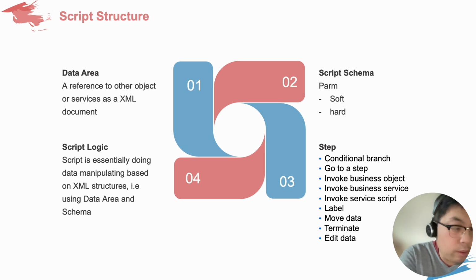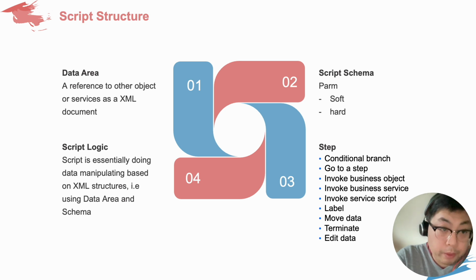If you want to use some other features, some other classes, you need to import that class when you're writing a Java class. That's very similar here, because if you want to reference a business service or a business object, you will need to put that into the data area.